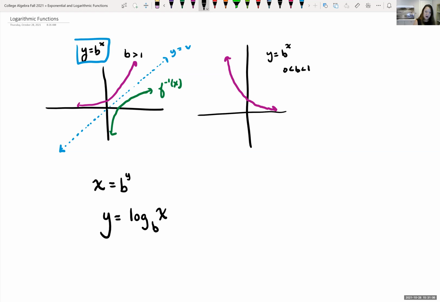So these are identical. Logarithms, all they are is the exponent of our base that would give us back x.